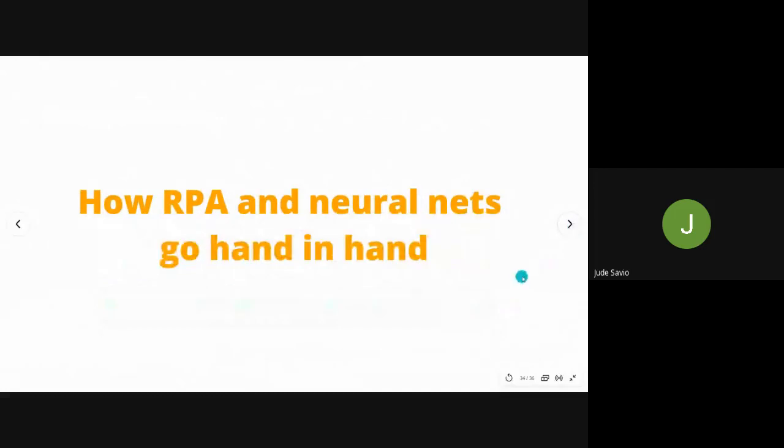So moving on, how RPA and neural nets go hand in hand. I've explained this multiple times, so I'll just be brief. An RPA bot sits at his desk 8 hours a day, entering only the details from the invoices he receives throughout the day. This is basically what an RPA does, but at an even faster pace. So let's just assume that a guy takes around 20 minutes to post one invoice inside his ERP.